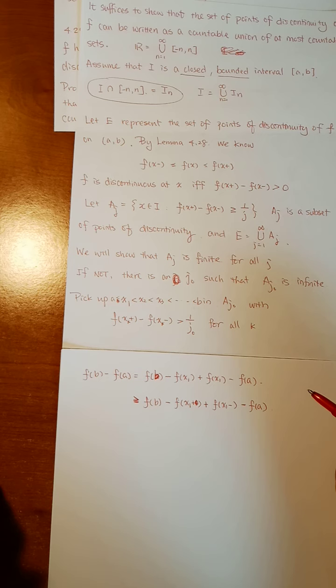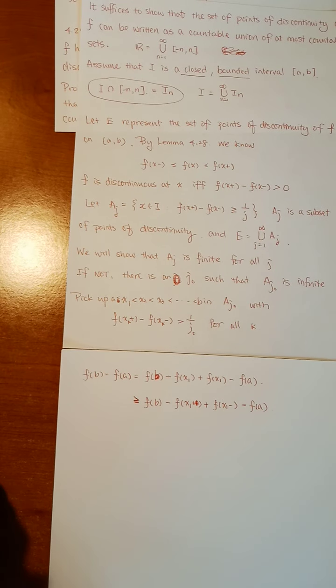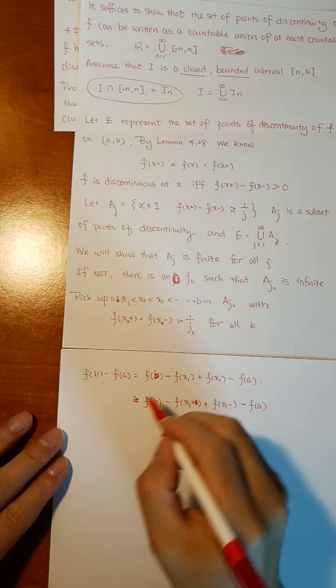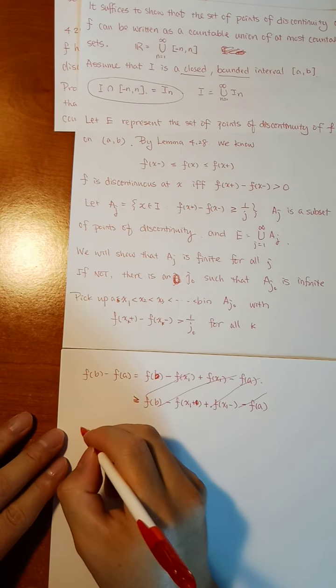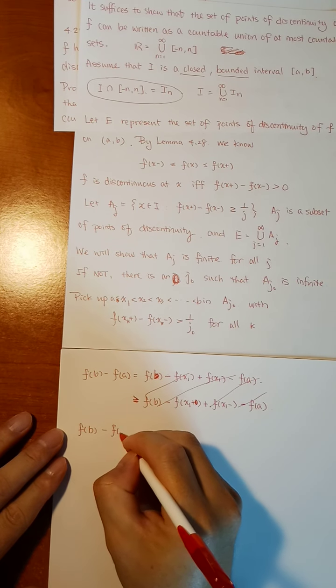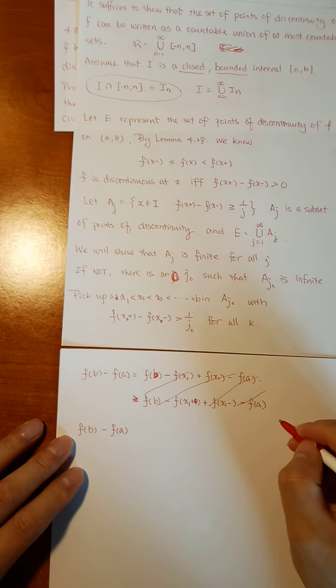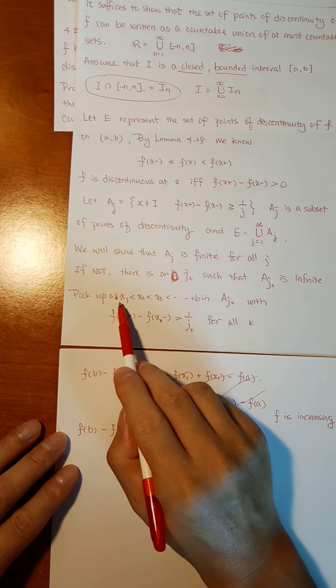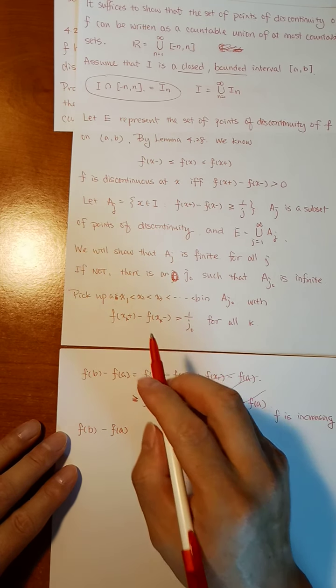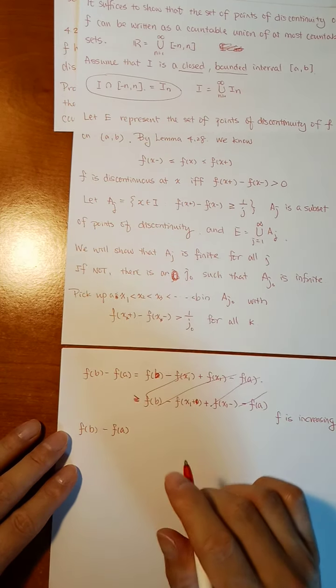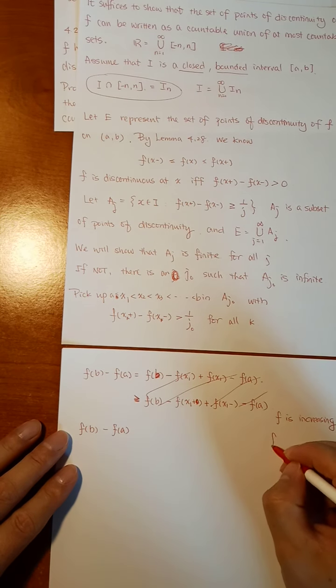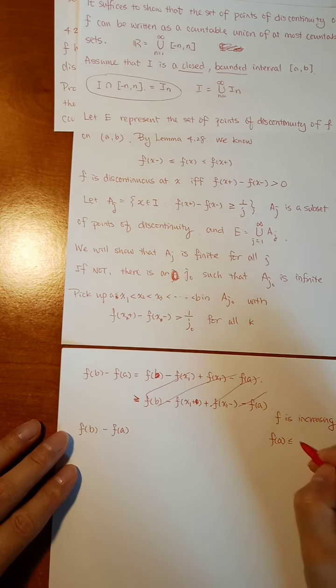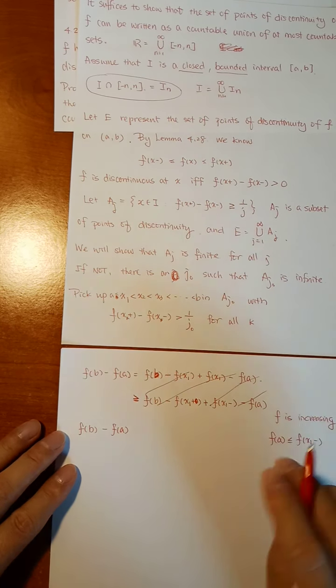Okay, it's not this way, it should be the following way. So f is increasing. Here a is less than x_1, so f(a) will be less than f(x_1), and f(a) is actually less than or equal to f(x_1-).